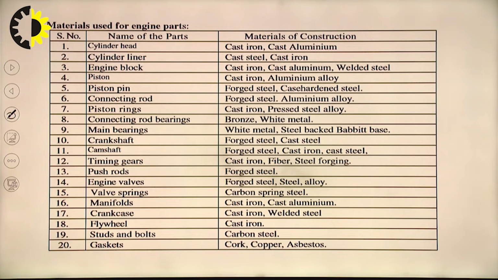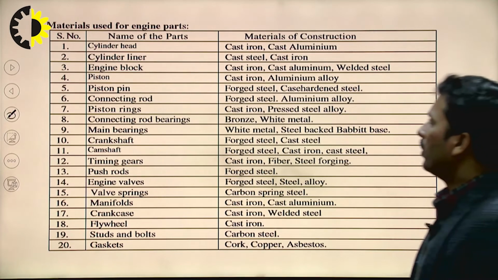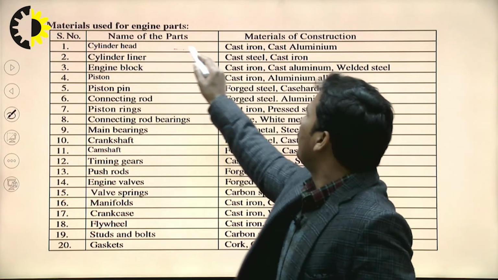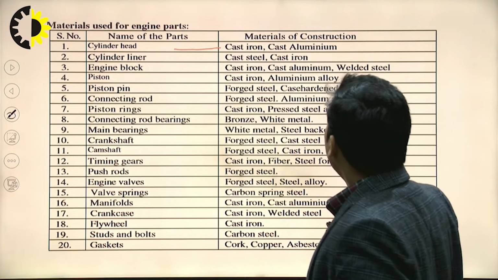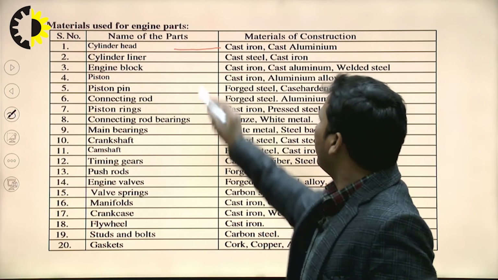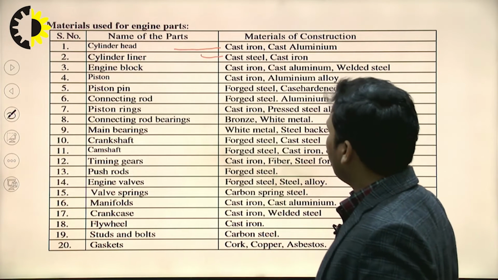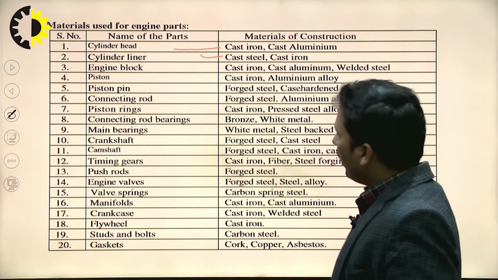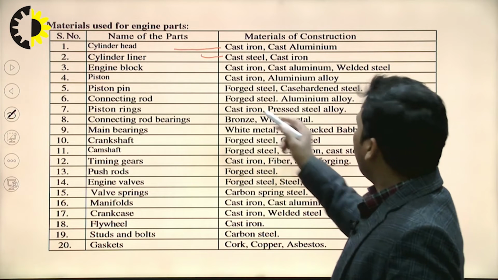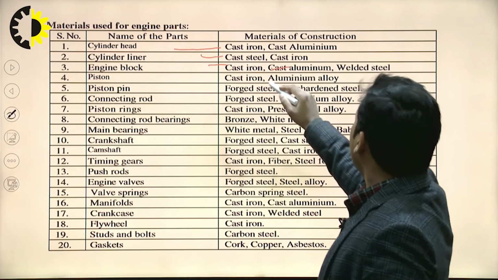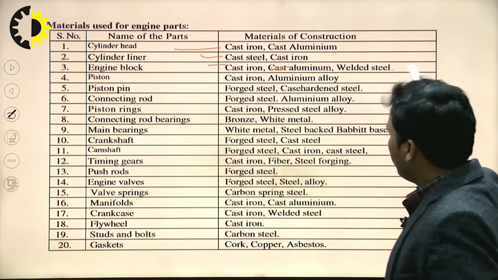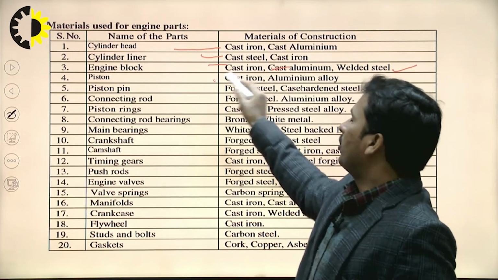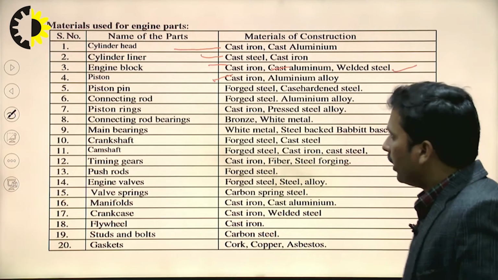Material used for the engine parts: for example, the cylinder head is made of cast iron, cast aluminum. The cylinder liner is made of cast steel, cast iron and aluminum alloys. The engine block is made of cast iron, cast aluminum or aluminum alloy, welded steel. The piston is made of cast iron, cast steel and aluminum alloys.